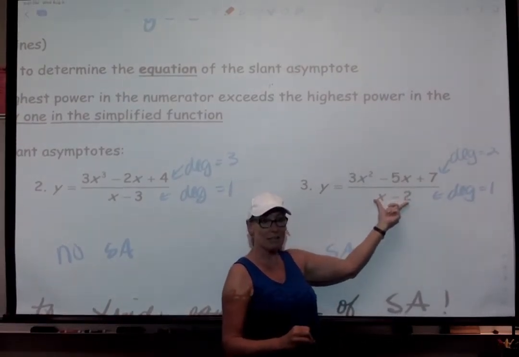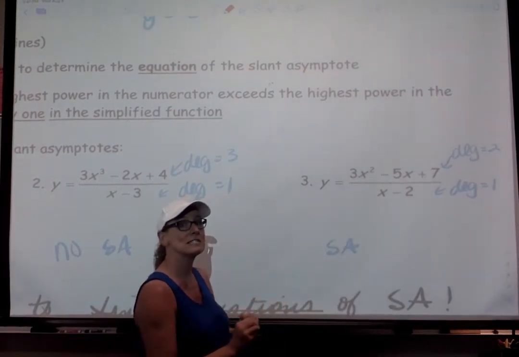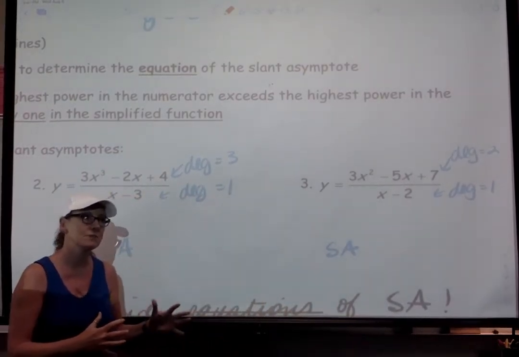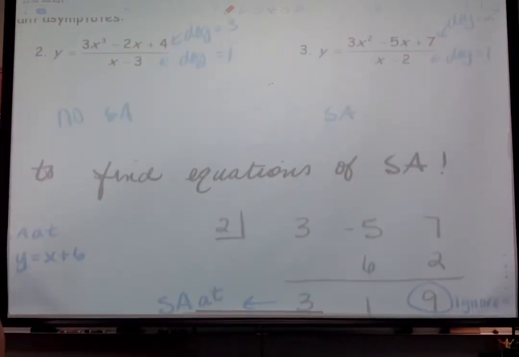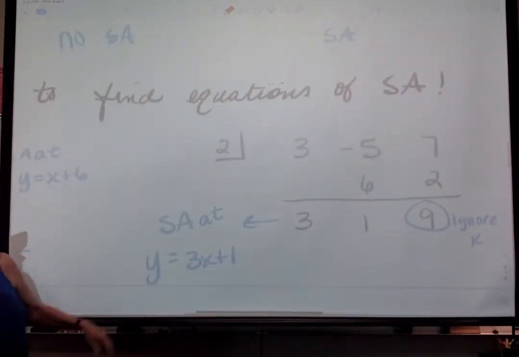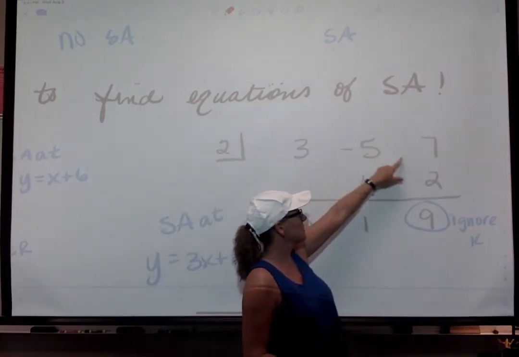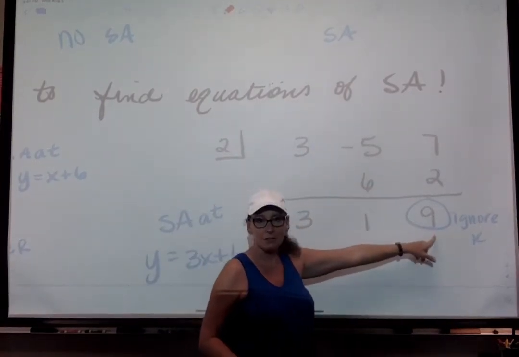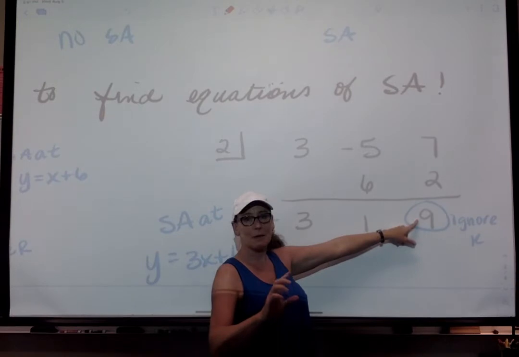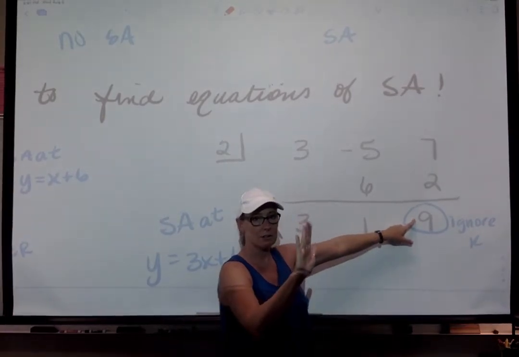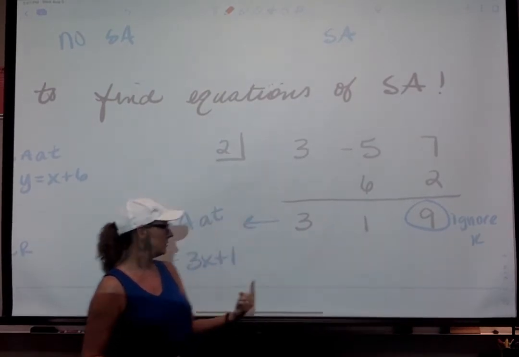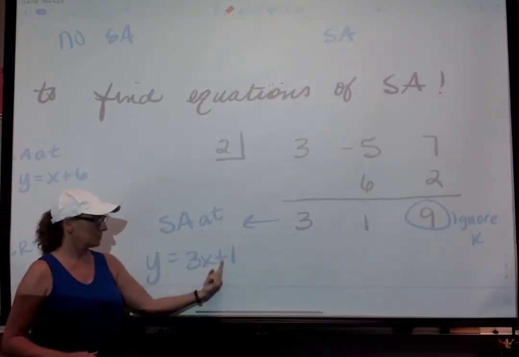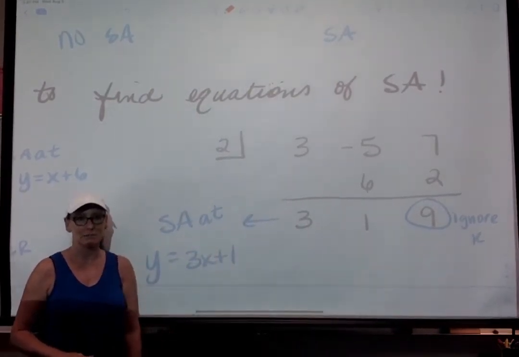I'm dividing by x minus 2, so I'm going to send my 0 through it. So I send 2 through synthetic division. Oh, I did get a remainder. That's not a 0. I did get a remainder. Ignore it. Here's your mx plus b. That's your slant asymptote.